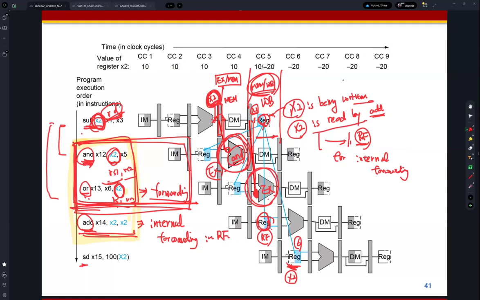In this case, we can just check RS1 and RS2 in the EX stage because the data forwarding is performed in the EX stage, and we can check the RD in the different stages. So this is the basic condition of the data forwarding.